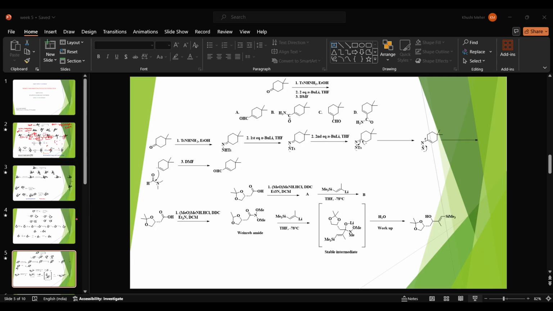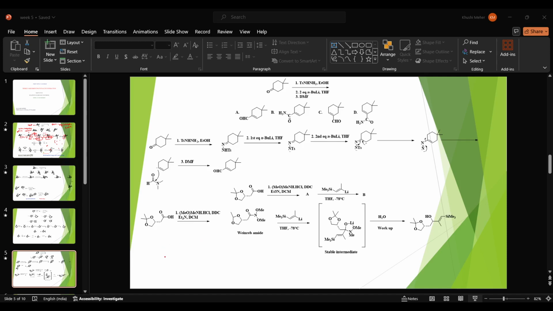After that, the base that we are using will remove the hydrochloric acid from the reagent, and you will get the N-methyl-N-methoxy amine nucleophile. That nucleophile will attack the ester formed from our carboxylic acid and DCC, and the ester group will be removed, and you will get the corresponding amide, and we call this amide the Weinreb amide.